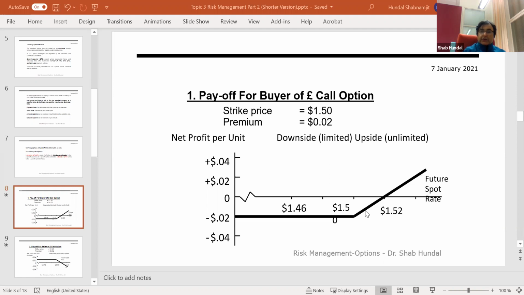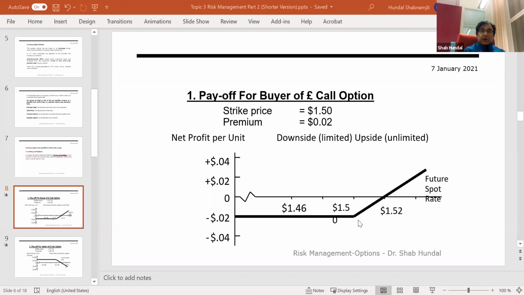And when you must exercise the option, we call it option is in the money, ITM. We always want our options to be in the money, ITM, because that would give us potential benefit.